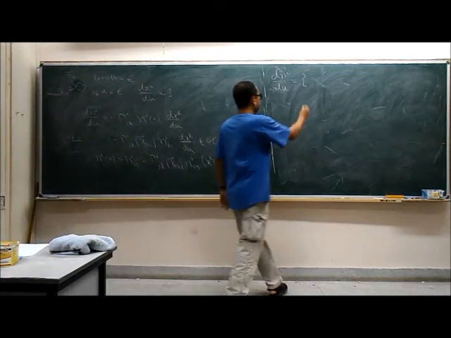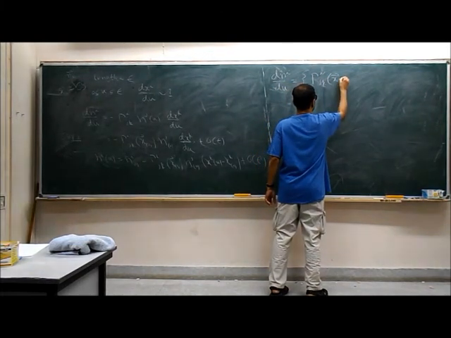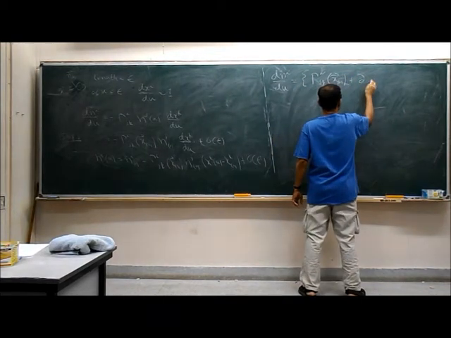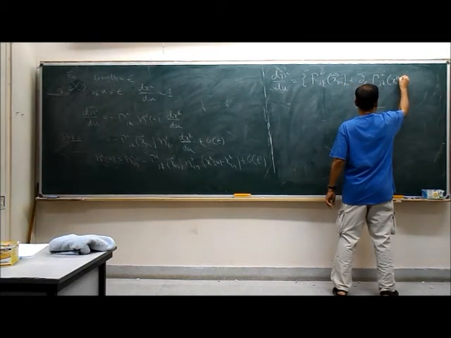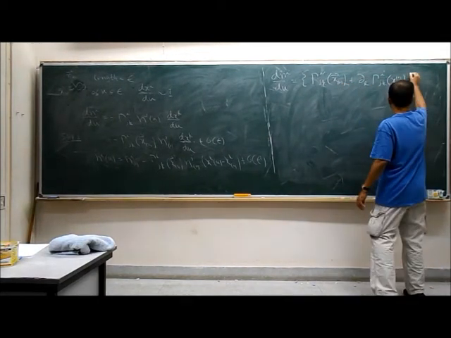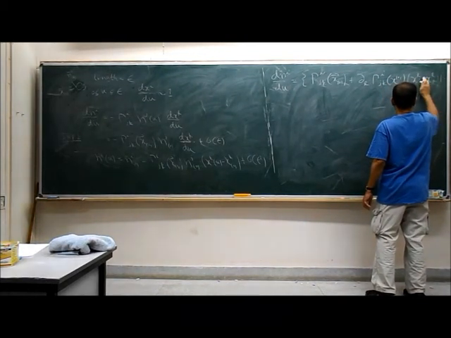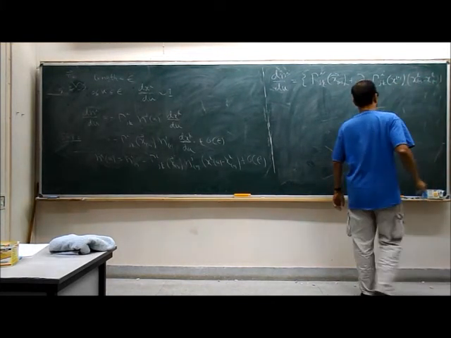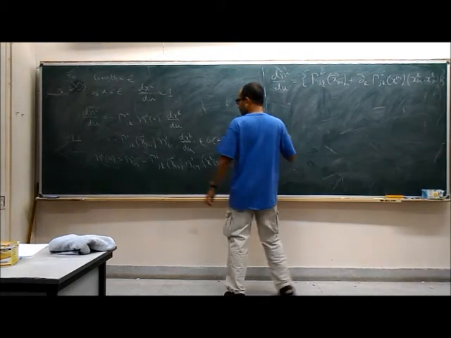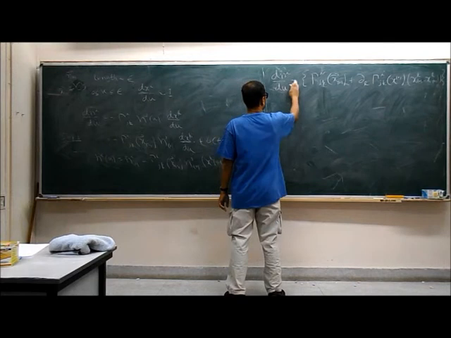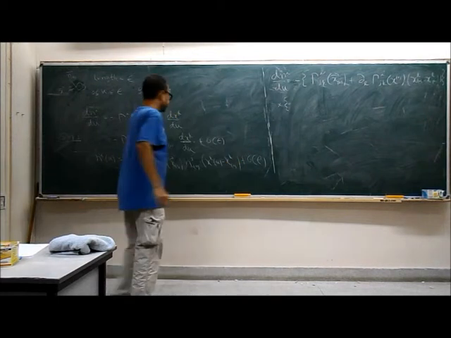So it's gamma ijk of x naught plus del l gamma ijk of x naught times xl minus xl naught, times dxk du, with a minus sign, times nj of u.